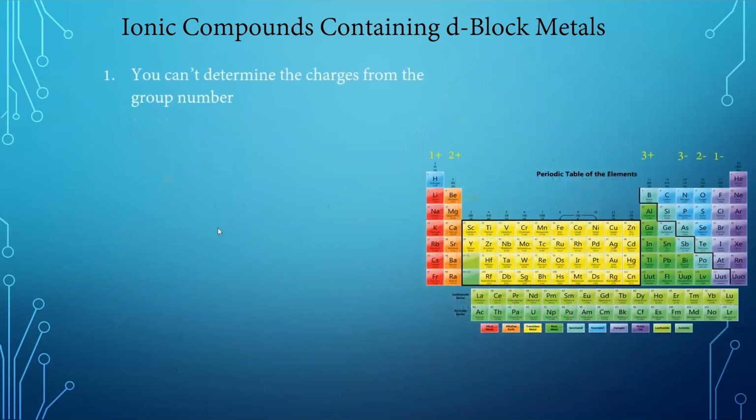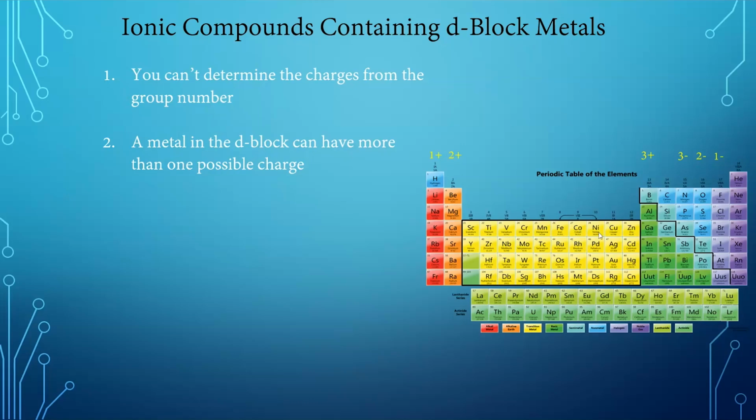We have 2 problems in the D block. One, like I just said, is the group number doesn't really tell you anything about the charge. The fact that nickel is in group 10 doesn't mean it's going to have a charge of 10. So we cannot simply look at the table like we were able to do in the S and the P block. Our second problem is that the metals in the D block can actually form ions of different charges.